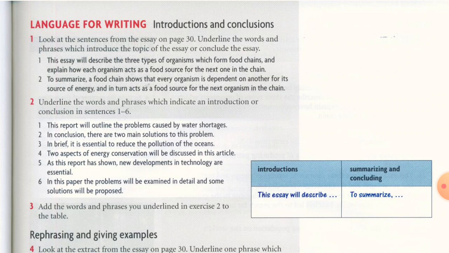This essay will describe and explain how this shows introduction. And the second, to summarize, a food chain shows that every organism is dependent on another for its source of energy, and in turn acts as a food source for the next organism in the chain. To summarize indicates the conclusion of the essay.